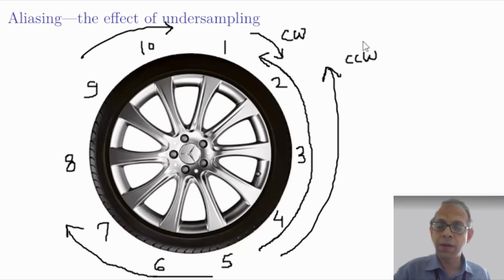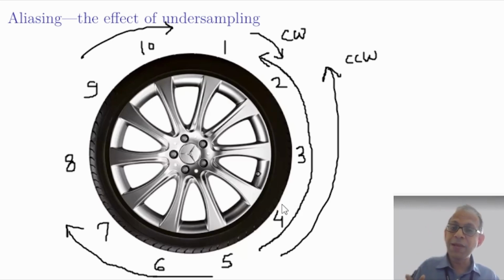And that's not all. If we further increase the speed such that after 1 we observe 4, the wheel is rotating clockwise, but because of the low pass filtering done by our eyes, we perceive this movement to be in the anti-clockwise direction. And earlier, after 1 we were observing 5 and now we are observing 4.